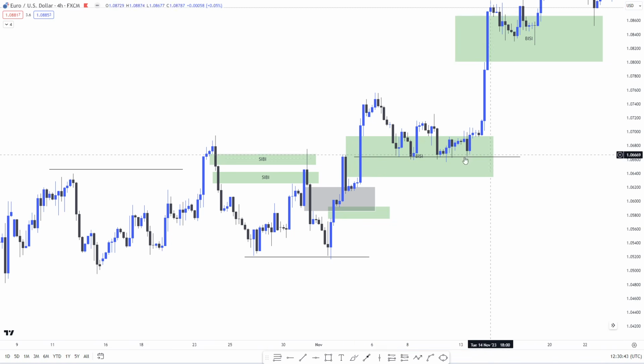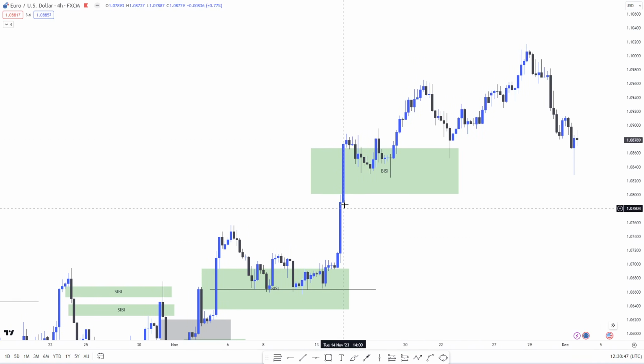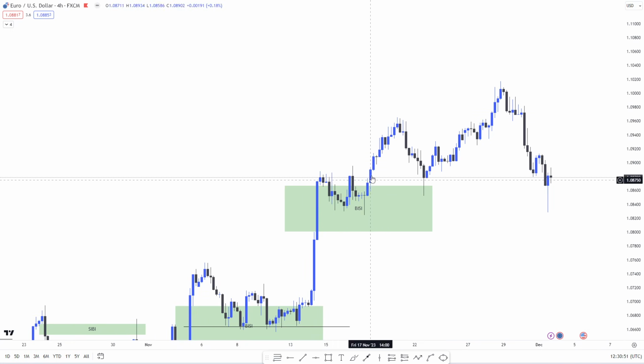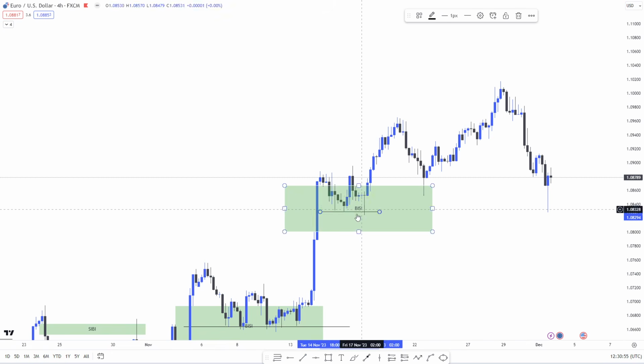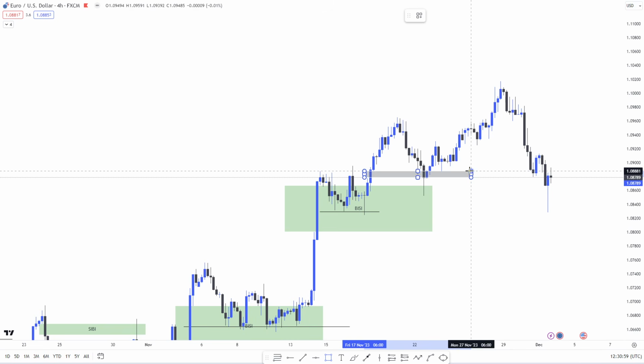You don't have to overcomplicate it anymore. And you can see again, price expands aggressively. Another BISI is left. Price expands after sweeping liquidity within this BISI right here. Creates another BISI. What's very interesting about this BISI right here? Okay. And the BISI, again, what is it?